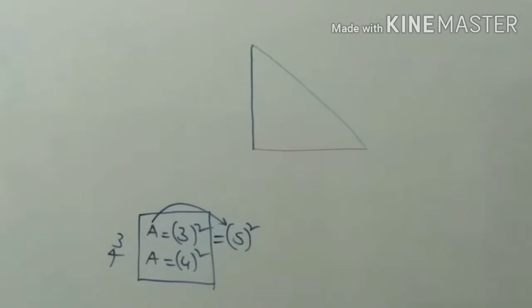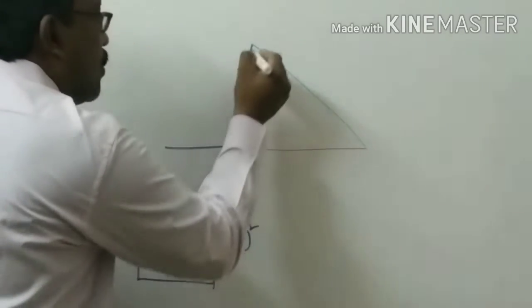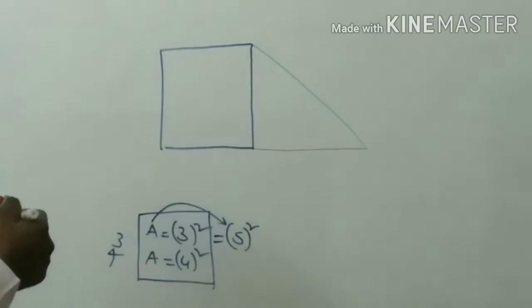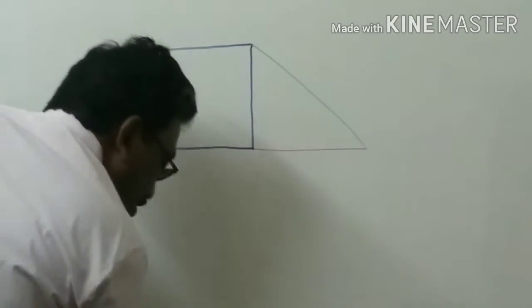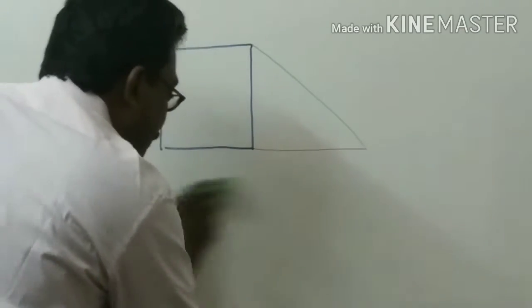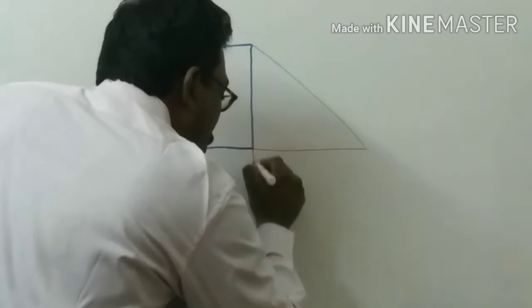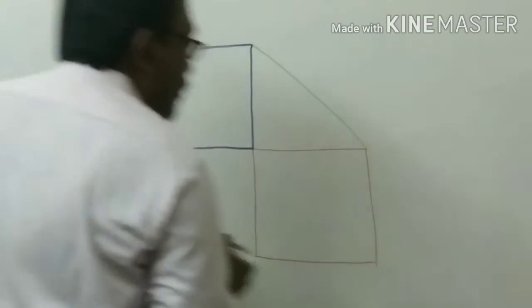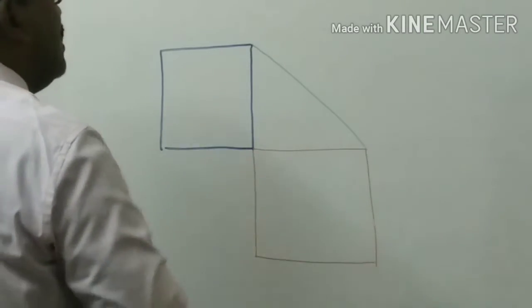Side square will come. That means now if you develop one square here, and one more square below of it, this is one square, and one more square with one of the sides as its hypotenuse.